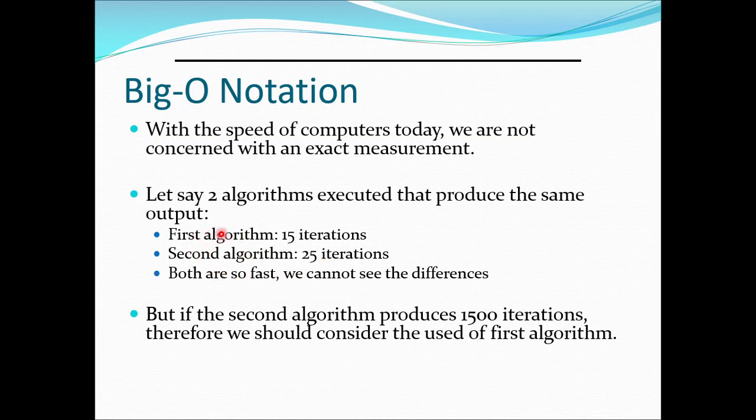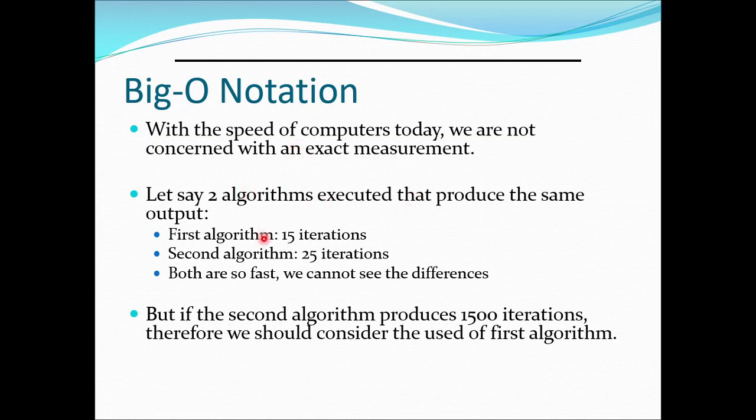If these two algorithms are executed, both are so fast that we cannot see the difference, because our computers today are so fast. We have Intel Core i7, we have AMD Athlon. All the CPU speeds are very powerful nowadays. That's why we are not concerned about the exact measurement.